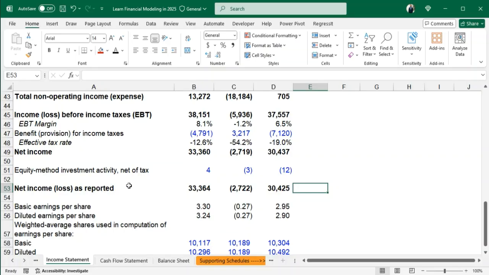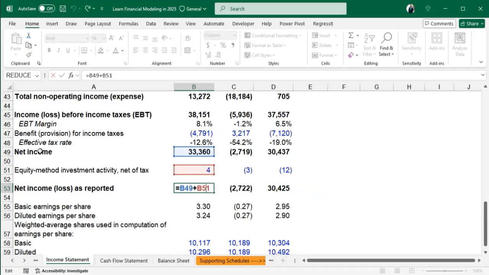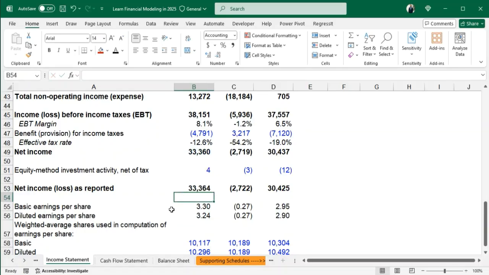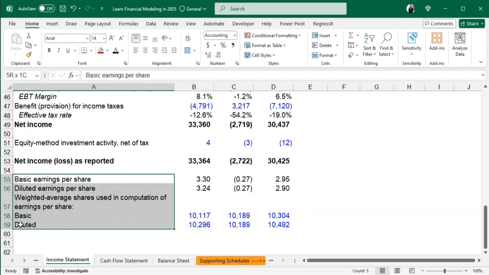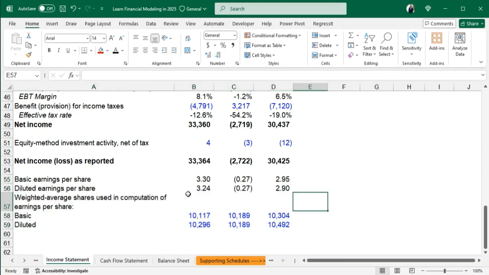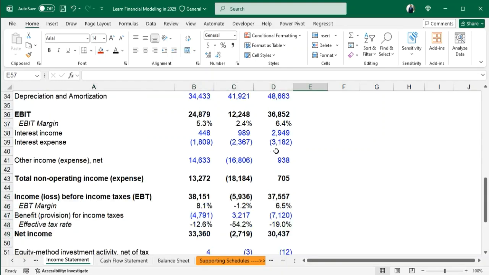Now, this net income as reported, as we have already said, is equal to the first net income here plus our equity method investment activity. So that is what we have there, and that is giving us this. All right. Now that we have gotten everything here, let's also take note of our other information here, which is our EPS calculations. So as for these, we are going to use the other figures to be able to do this.